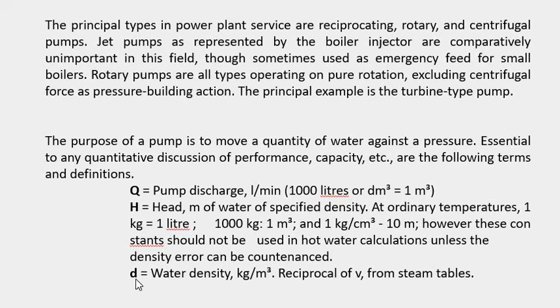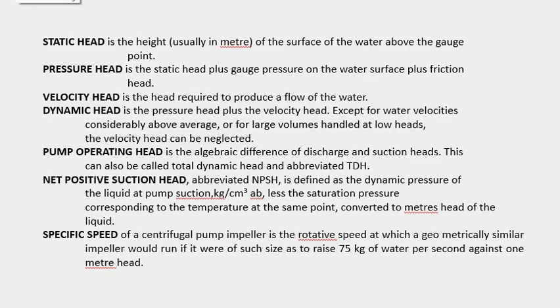Lowercase d is the water density, kilograms per cubic meter, the reciprocal of v from the steam tables. Static head is the height, usually in meters, of the surface of water above the gauge point.